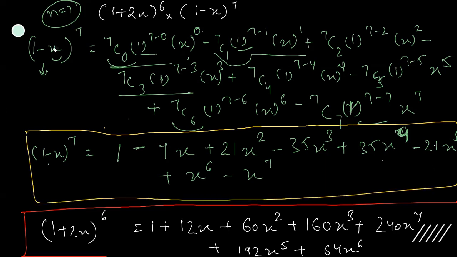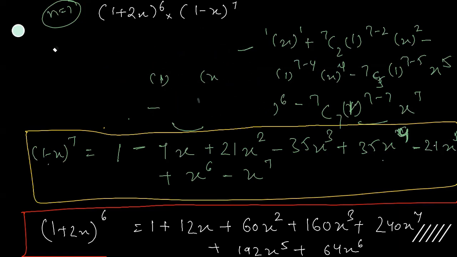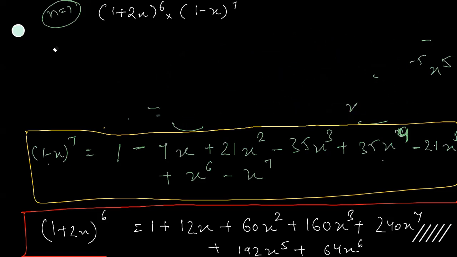Now let's move towards the coefficient of x raised to the power 5 in the whole product. When you are multiplying all these terms with the expansion of the other terms, you want only those terms which give you the final result of x raised to the power 5.